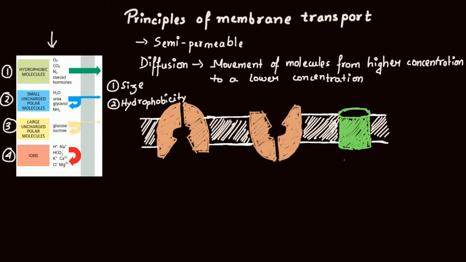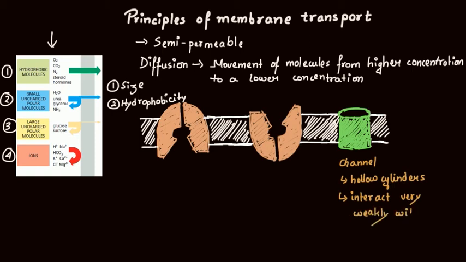Channel proteins are nothing but hollow cylinders through which molecules can move through the cell membrane, and they interact very weakly with the solute to be transferred.